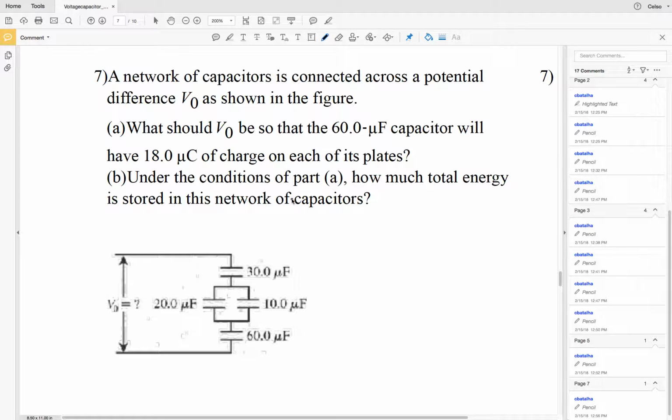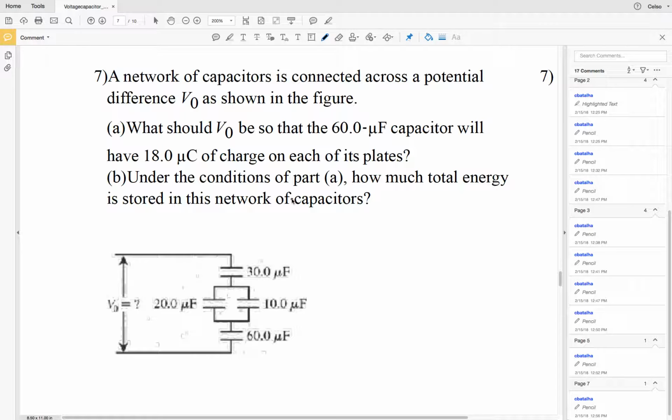The basic definition between branches of a circuit that are parallel and branches that are in series is that in a series branch, the current is unique. So these two capacitors are in series if the current that goes through them is the same. If you have a current I0 to the right, I1 to the left, the currents are not the same, so these two capacitors are in parallel.